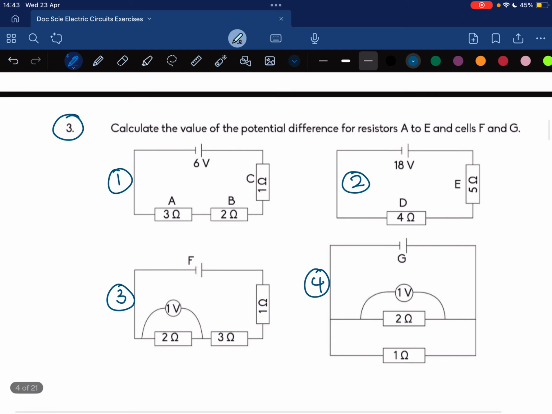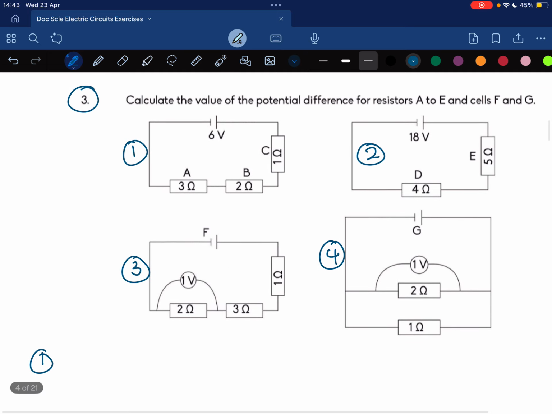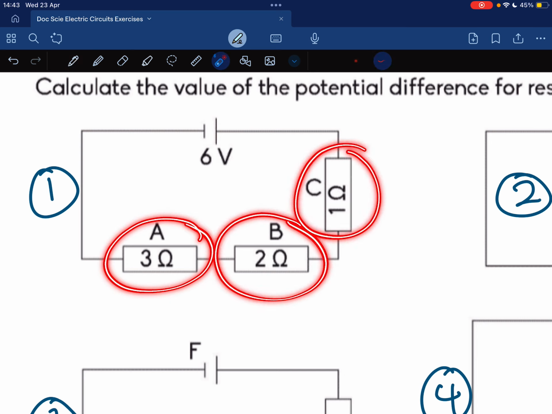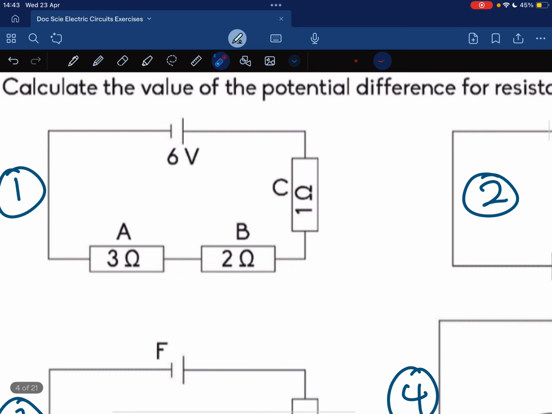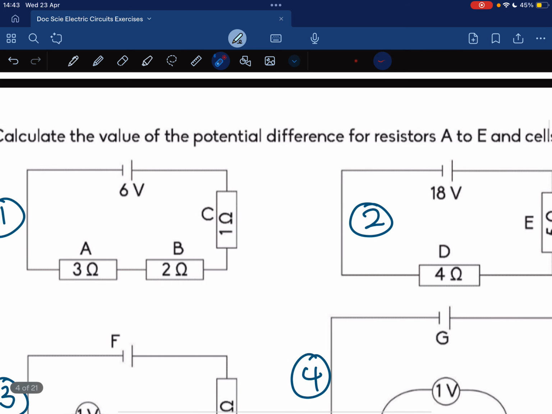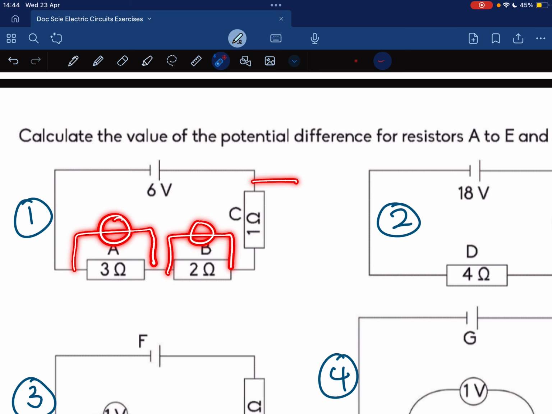For circuit 1, we need to calculate the 3 ohms, the 2 ohms, and the 1 ohm. Notice that in this circuit, all three resistors are connected in series with one another. They want to know the potential difference across this one, across this one, and across that one.